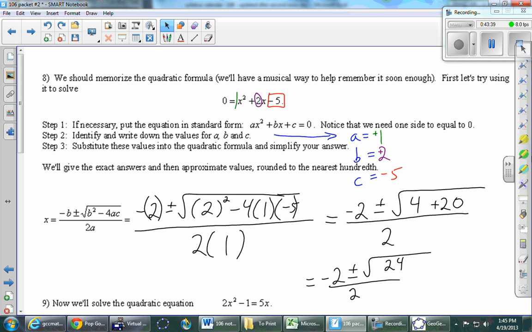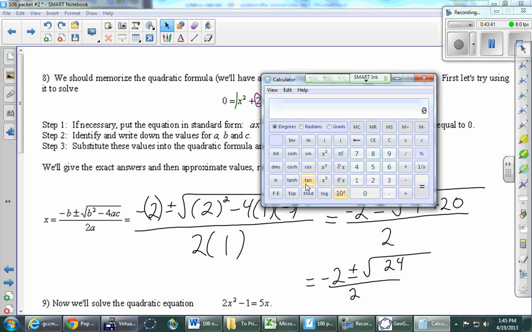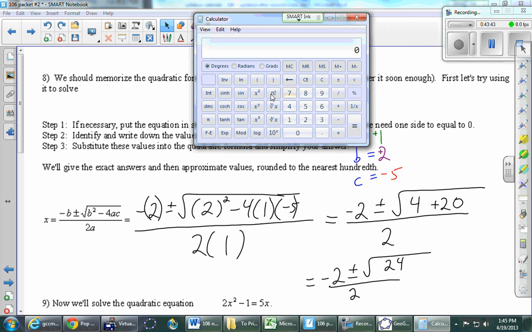Okay, so we are here, and then the other thing I was going to show was on this calculator, same idea with the parentheses and all. So I've got my 2 in parentheses, I hit my squared button, which is here, -4, parentheses 1, parentheses, -5. Where's my negative button here? Where's the plus or minus button? Oh, there it goes right there.